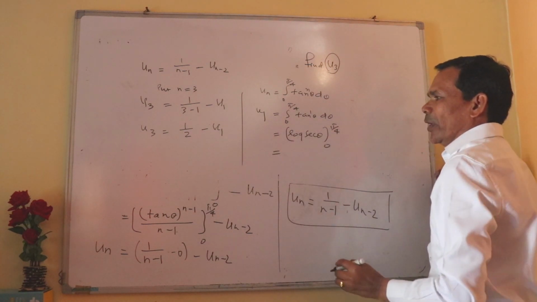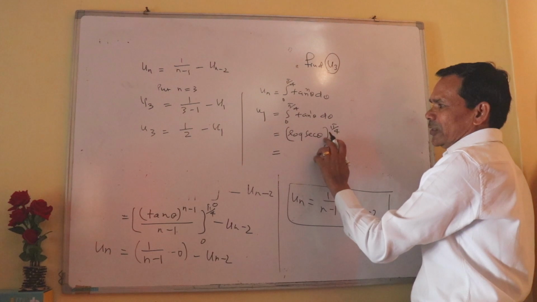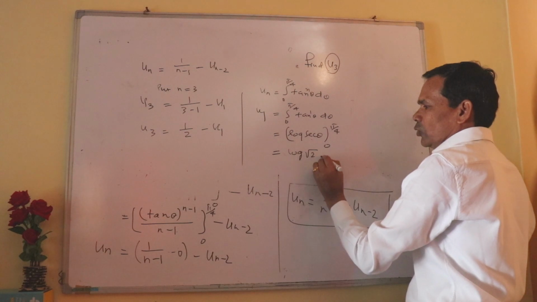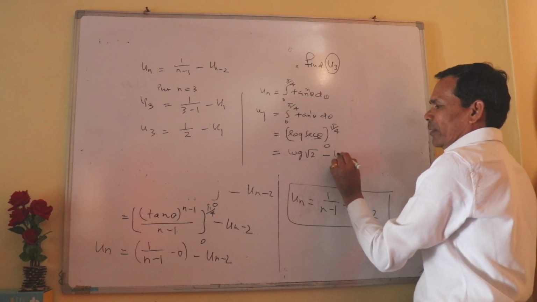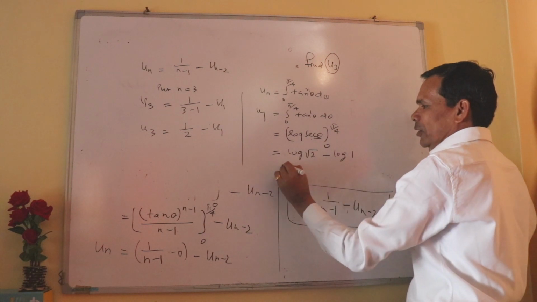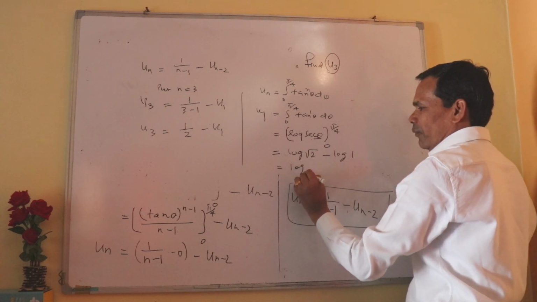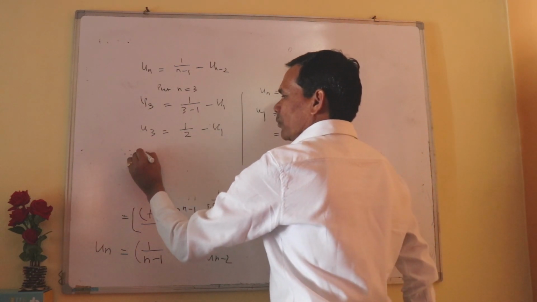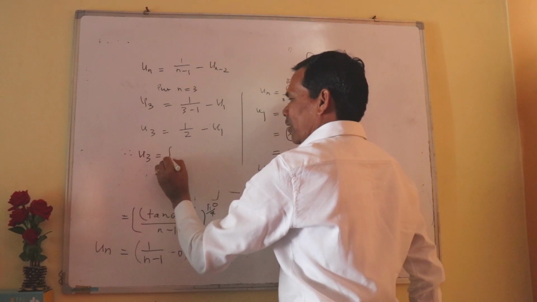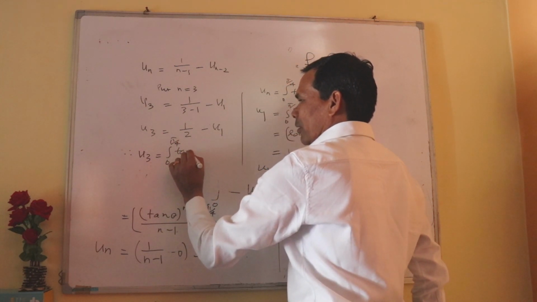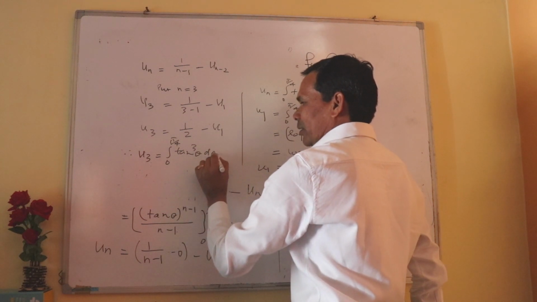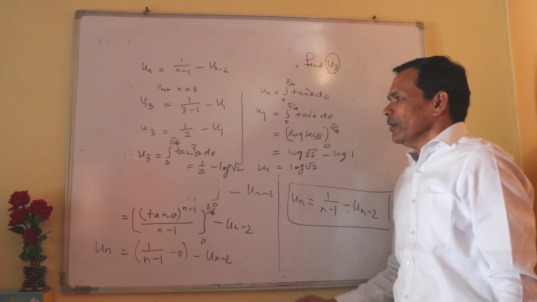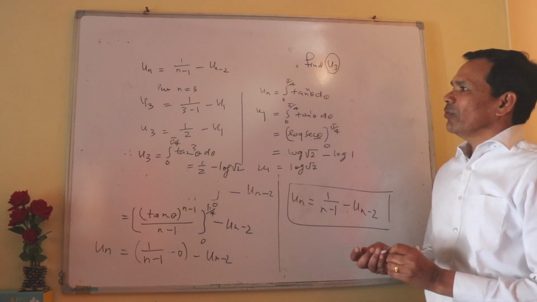At theta equal to pi by 4, sec pi by 4 is root 2, so we get log of root 2, minus sec 0, which is 1, so log 1, which is 0. So u1 is log of root 2. Substituting this value here, u3, the value of the integral of tan cube theta d theta from 0 to pi by 4, would be 1 by 2 minus log of root 2. In this way you can find the value for any n.